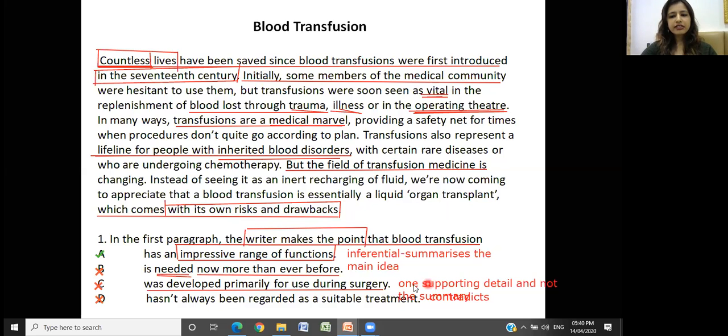Any answer choice that is representing one supporting detail is wrong. Any answer choice that is contradicting what is given in the paragraph is wrong. Okay? And any answer choice that is not at all mentioned, like B is not at all mentioned, unnecessary comparison is done. So that is also wrong.